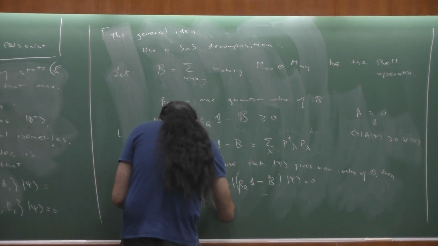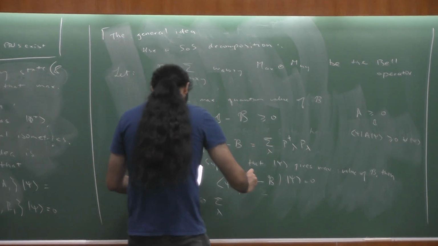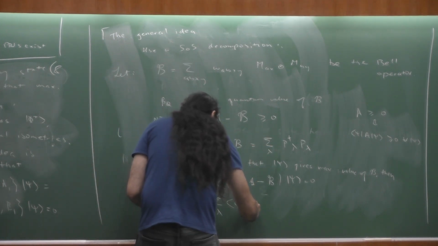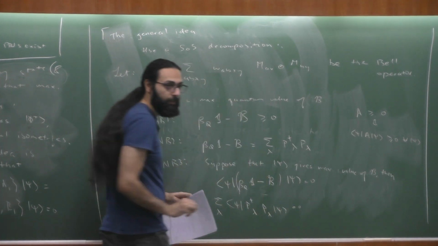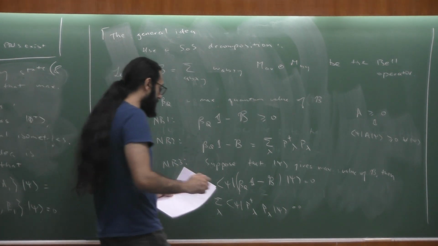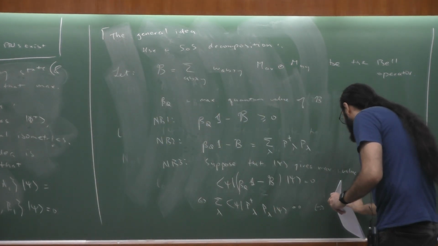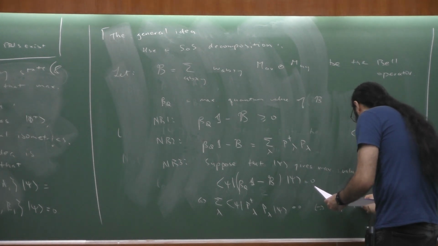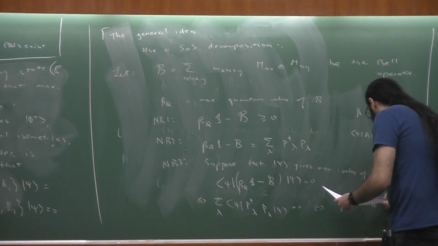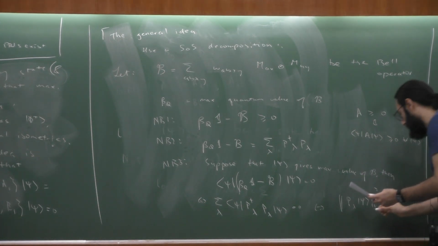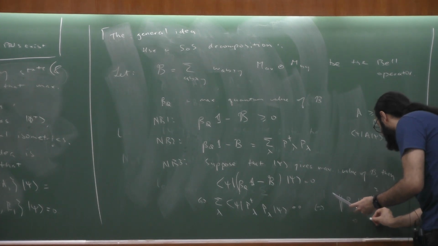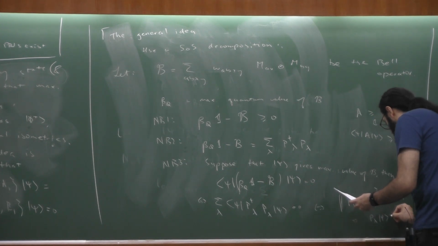By using the sum of squares decomposition, this is equivalent to saying that <psi| P_lambda dagger P_lambda |psi> is 0, just by substitution. And this is equivalent to saying that the norm of P_lambda psi is 0 for all lambda, because you are summing positive numbers and the sum is 0, so each number has to be 0. And that in particular implies that P_lambda of psi is 0.